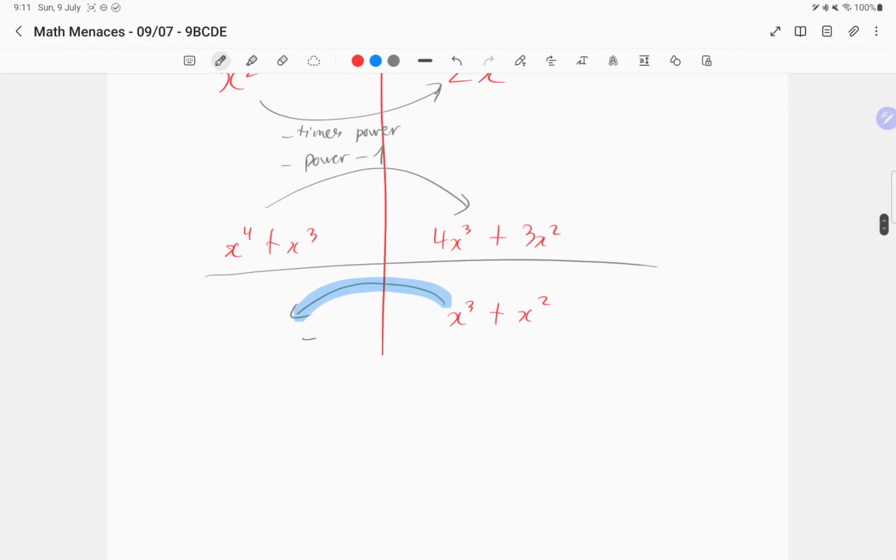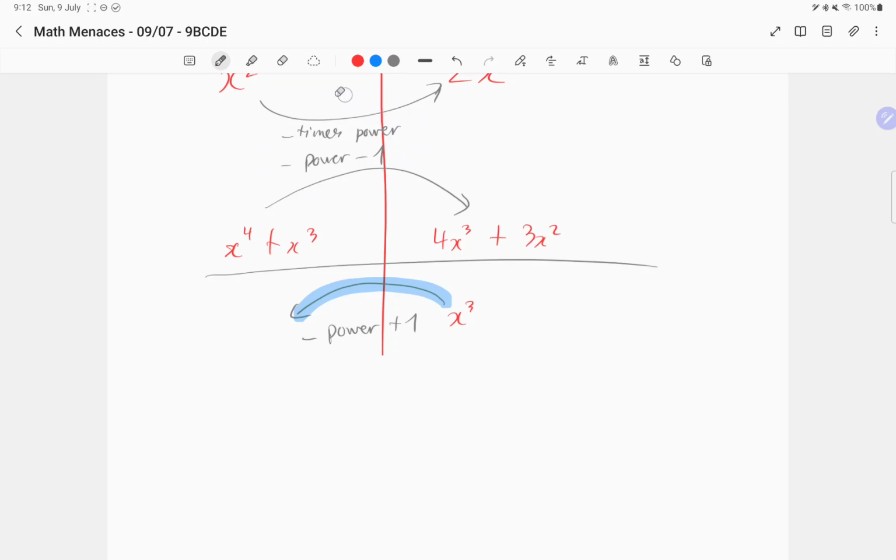Well, you'd have to add back to the power. Yes, so power plus 1. Maybe I'll just start with one term, x cubed. What would that become? X to the power 4. Yes, but remember, we did 2 steps before.